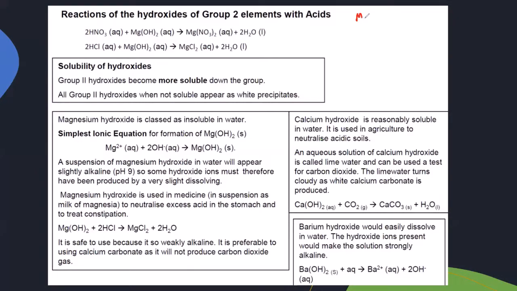we have magnesium hydroxide, calcium hydroxide, strontium hydroxide, barium hydroxide. As we go down the group, the solubility is increasing, like more molecules can dissolve, a greater number of the molecules can dissolve.